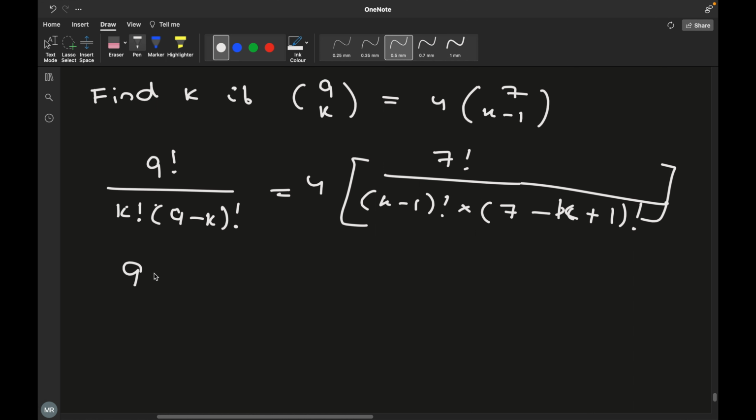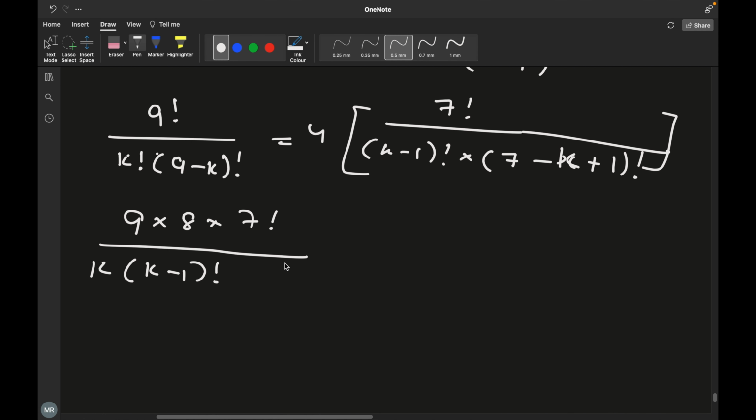We can expand this. 9 factorial is 9 into 8 into 7 factorial, divided by k into k minus 1 factorial, and then 9 minus k factorial.